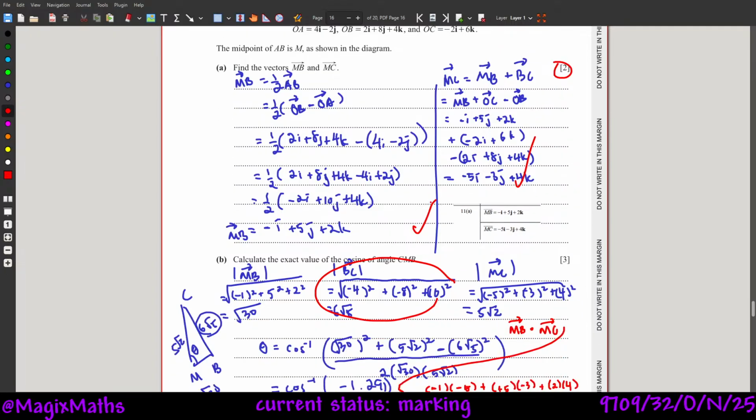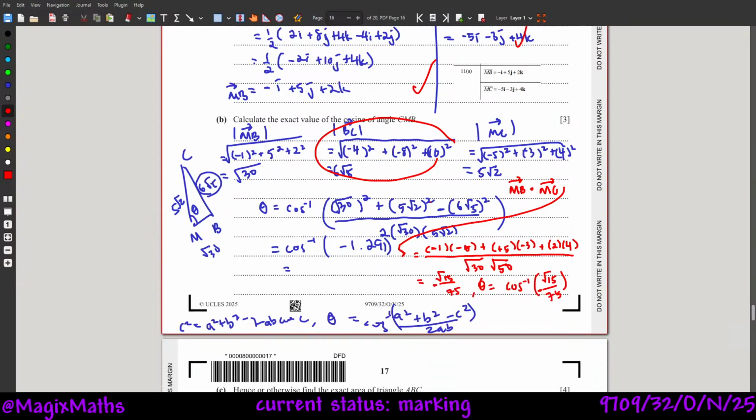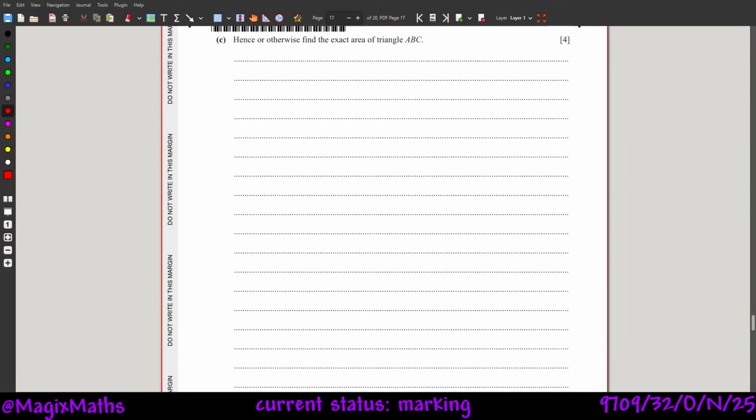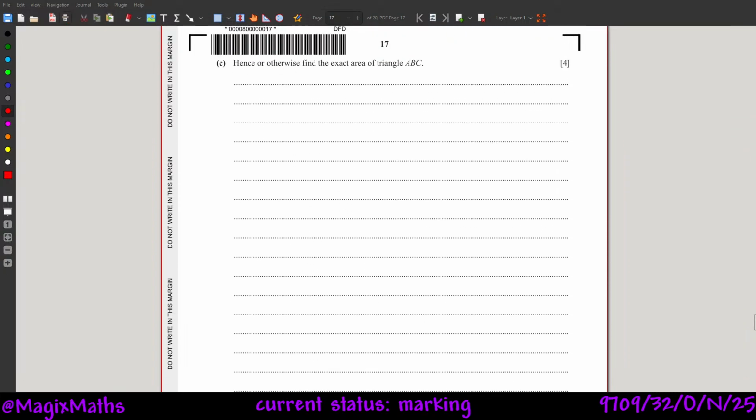That was BC, you know? Also, it should have been negative 2, you know? This part should have been just 2. So that was my mistake. Let's continue. It's the last part. Let's go. We are almost done.